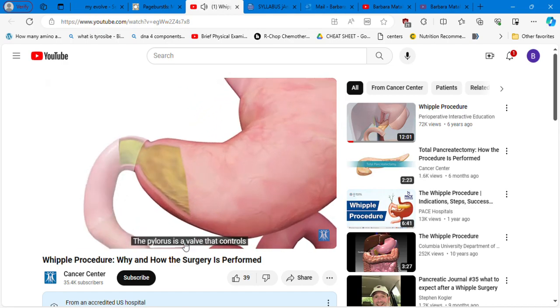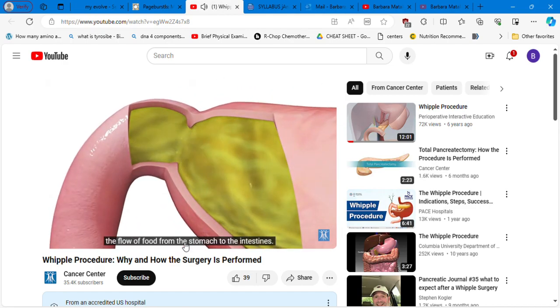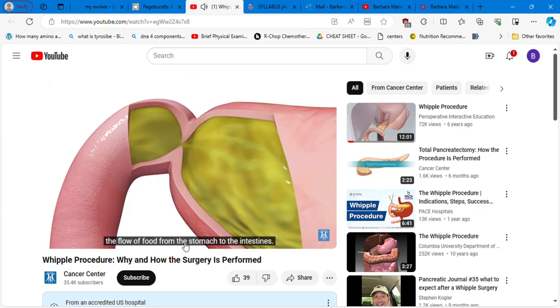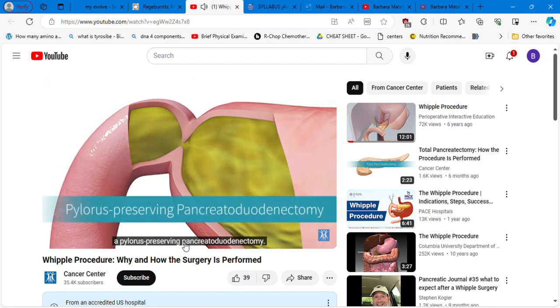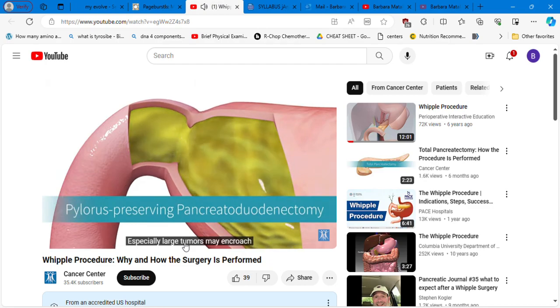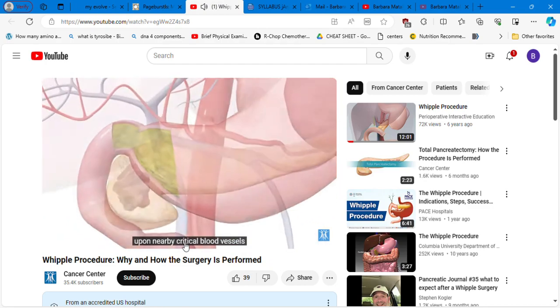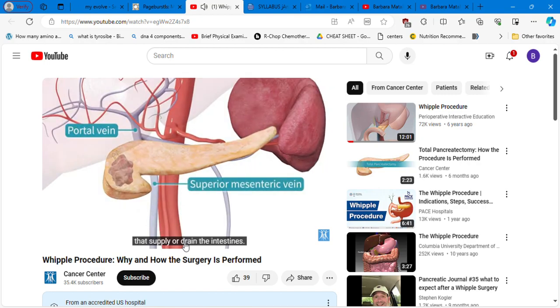The pylorus is a valve that controls the flow of food from the stomach to the intestines. The structure may be preserved when possible in a modification of the procedure known as a pylorus-preserving pancreatoduodenectomy. Especially large tumors may encroach upon nearby critical blood vessels that supply or drain the intestines.